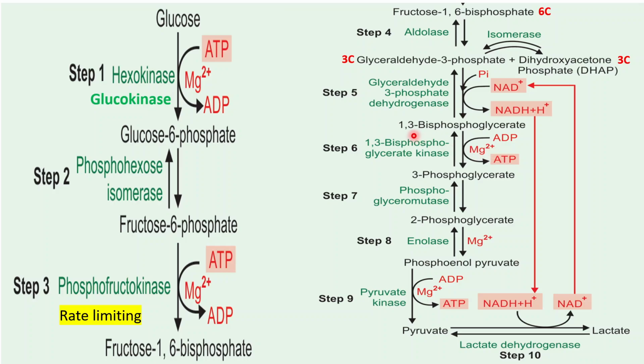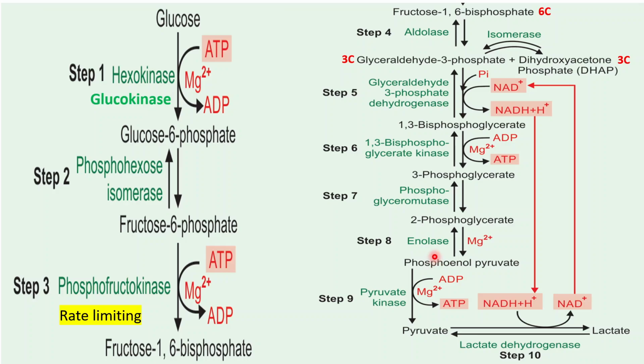Here the phosphate group which was attached to position 1 is lost. As a result, what remains is 3-phosphoglycerate. This 3-phosphoglycerate undergoes isomerization and forms 2-phosphoglycerate. And this 2-phosphoglycerate is then converted to phosphoenolpyruvate with the help of the enzyme enolase.